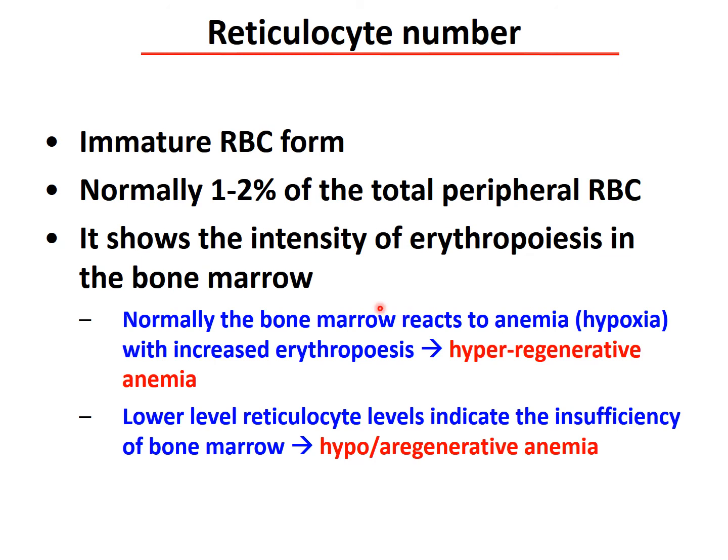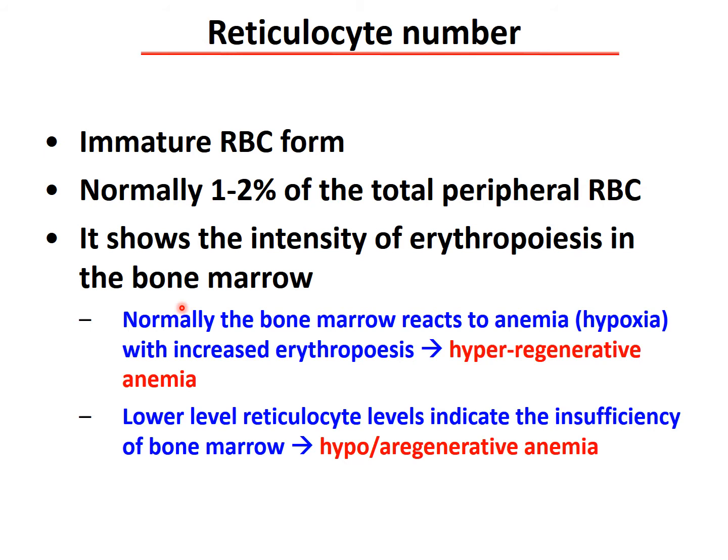Reticulocyte number. Why is it important? Because every red blood cell enters the periphery in the form of reticulocytes. So if you want to evaluate the production of the red blood cells or the erythropoiesis, what you have to do is count the reticulocyte count. Normally about 1 to 2%. Now if you do see a higher reticulocyte count, but you are ending up with anemia, with fewer cells in the periphery, what does it mean?